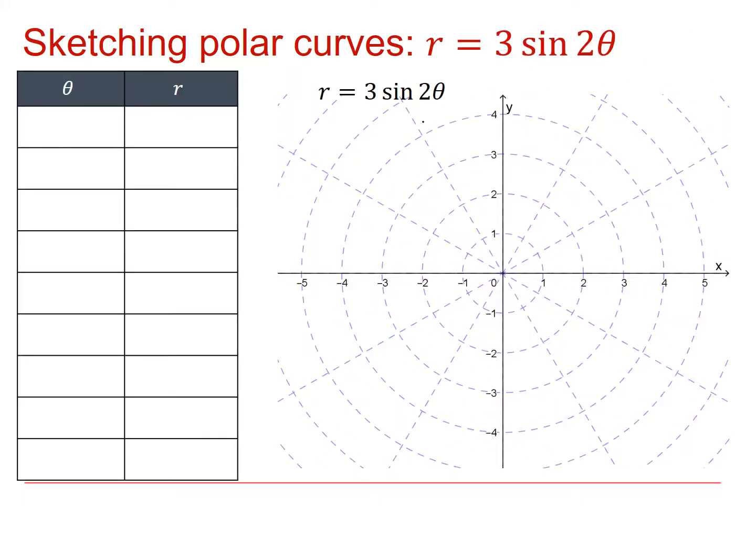Our final one is 3 sine 2 theta. Now I've got sine 2 theta here, and if I want to think about every pi by 2 around there, I'm actually going to consider every pi by 4.